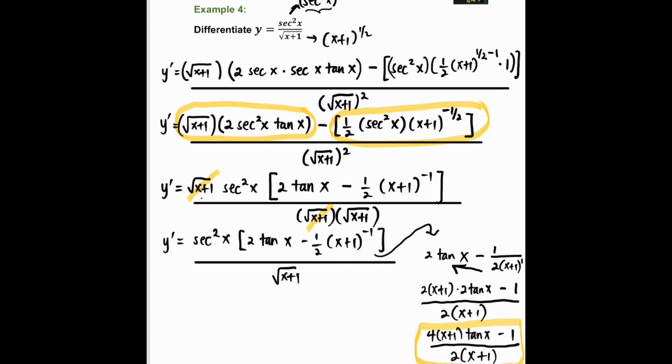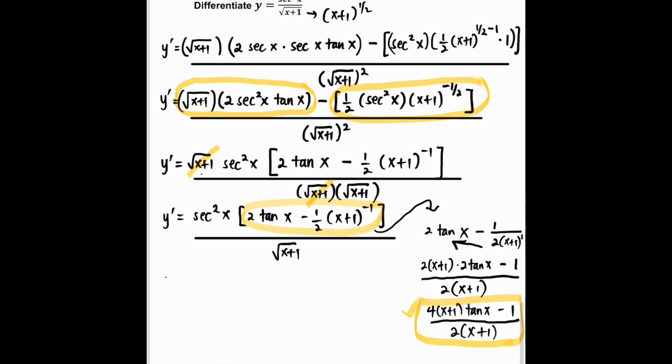So that means this whole thing is actually equal to this one. Let's rewrite it. So we'll have y prime equals secant squared x times this whole thing right here.